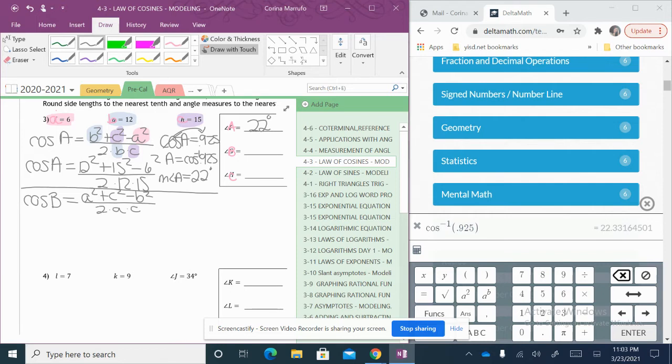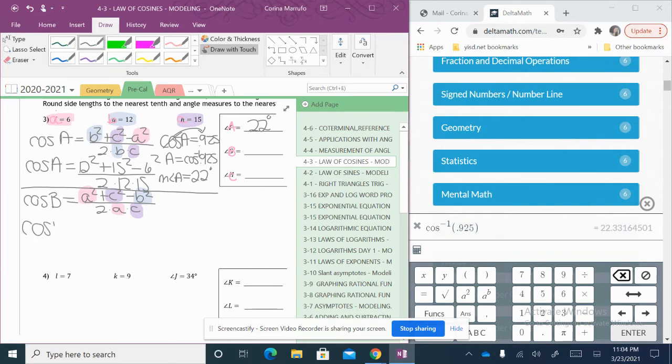Okay, and then, remember, where we see the a's, we're going to plug in a 6. B, we only see once, and we're going to plug in a 12. And then C, we have here twice, which is 15.